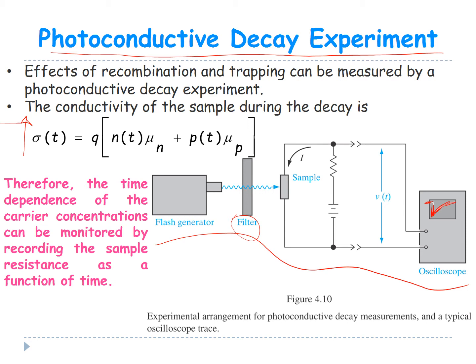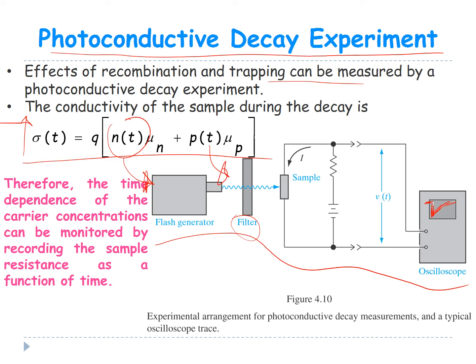So this is how you measure the photoconductivity. We are saying the effects of recombination and trapping can be measured by the photoconductive decay experiment. The conductivity of the sample during the decay is given by that. And remember, this is going to decay exponentially after you turn off the light, so the conductivity will also decay exponentially.